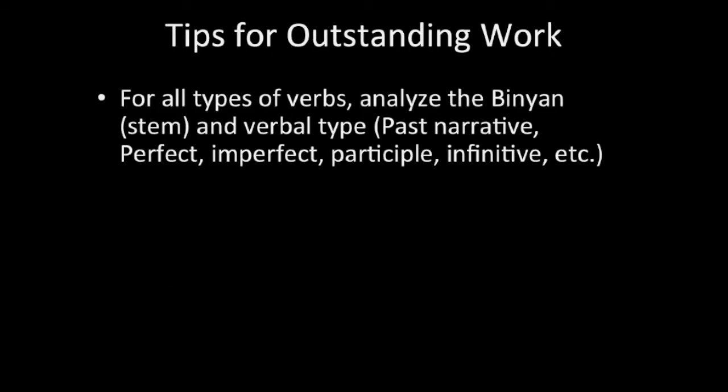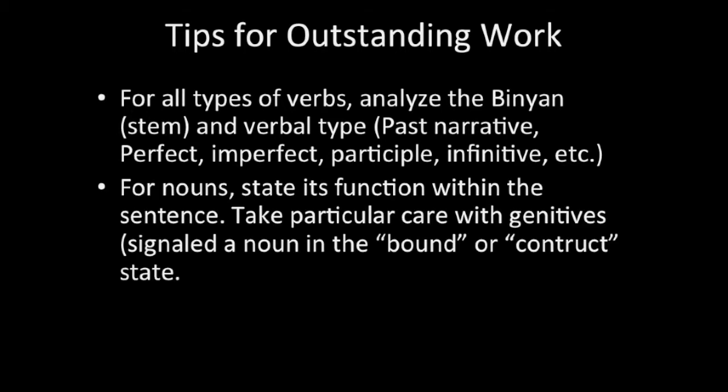For verbs, you're always going to analyze two different pieces. You're going to analyze the meaning, function, and force of the binyan, the stem, so Qal, Niphal, Piel, Pual, Hithpael, Hiphil, Hophal, and the verbal type, perfect, imperfect, past narrative, participle, infinitive, etc. So you need to say two different things about each verb.